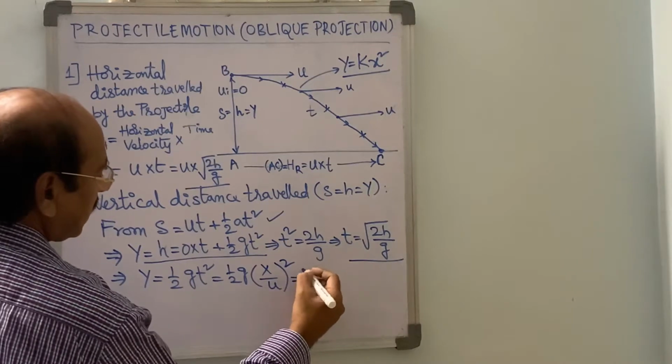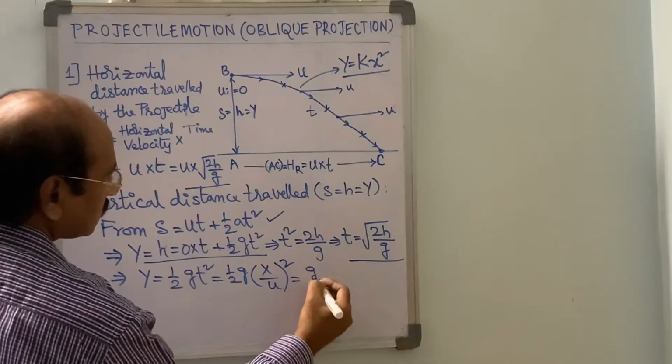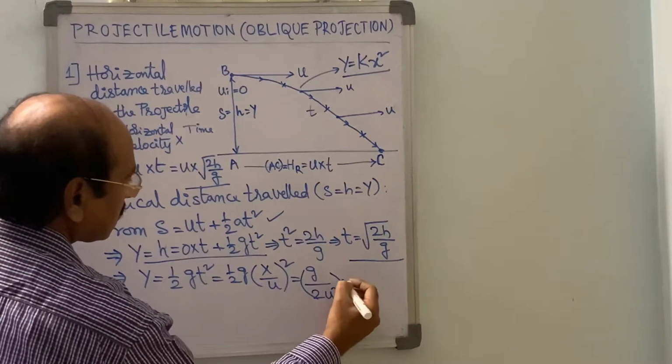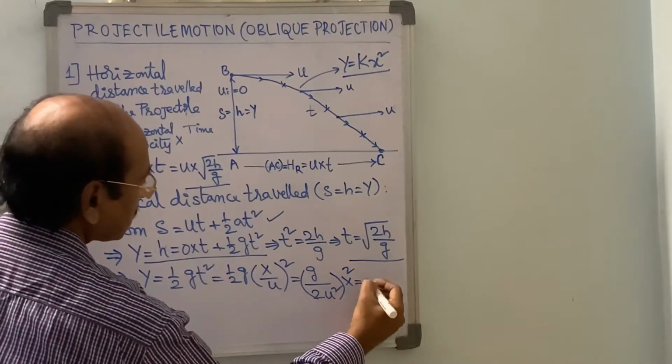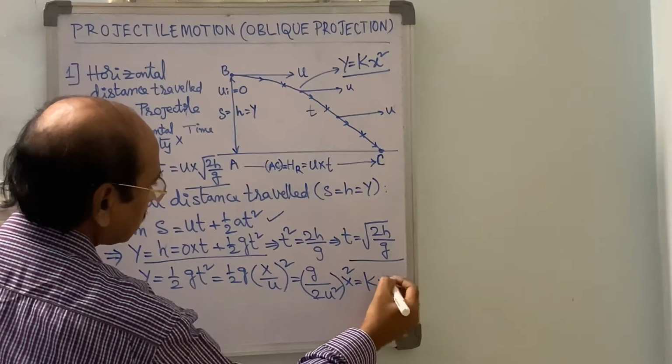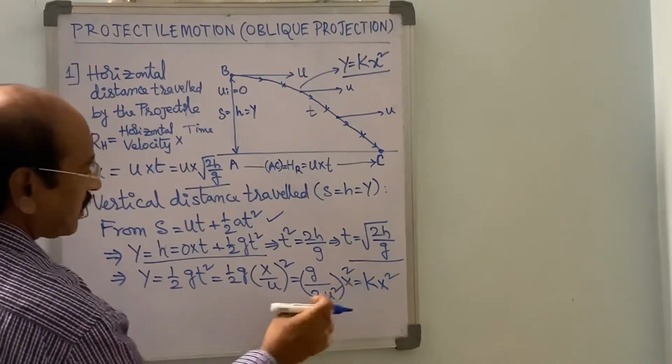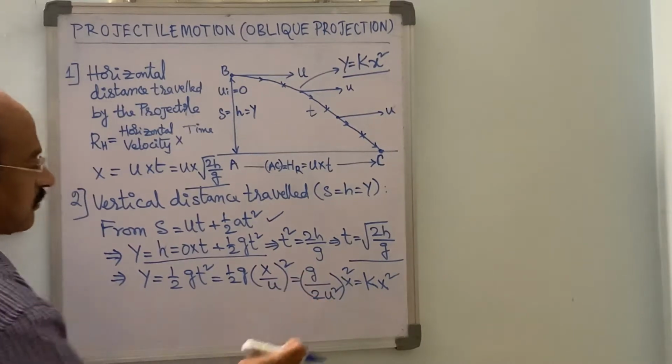Therefore this can be written as g by 2u square into x square, which is k into x square. Here the constant k value is equal to g by 2u square.